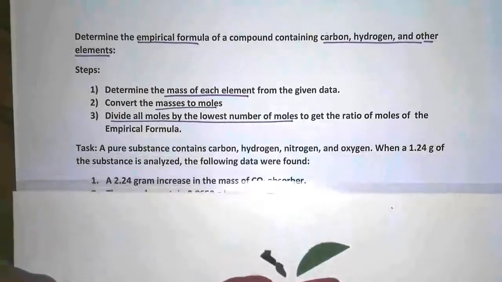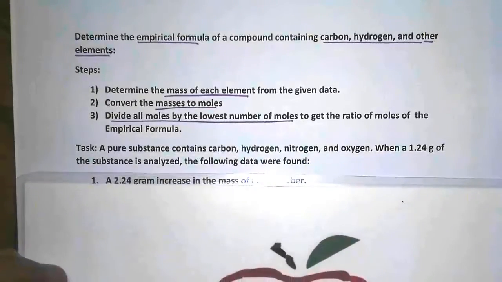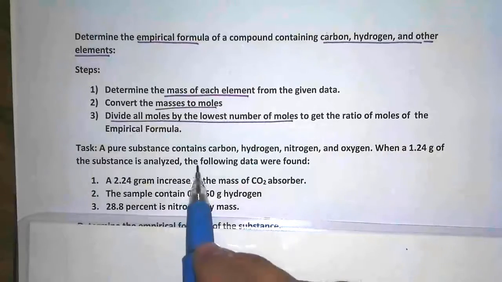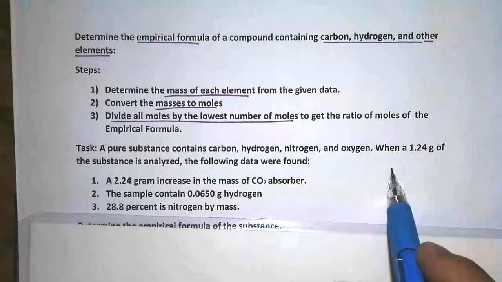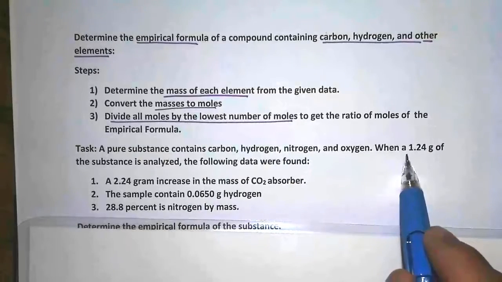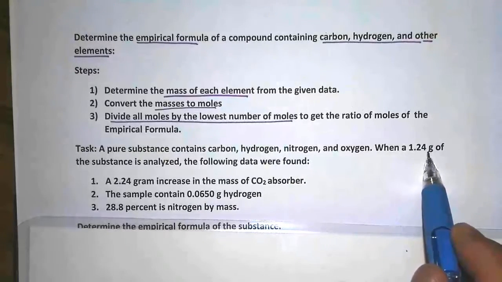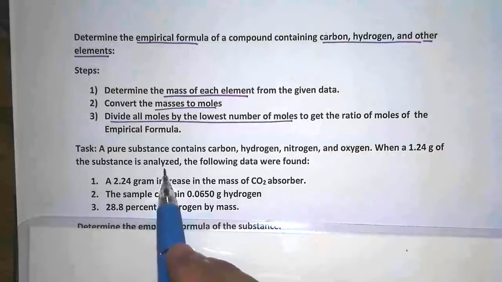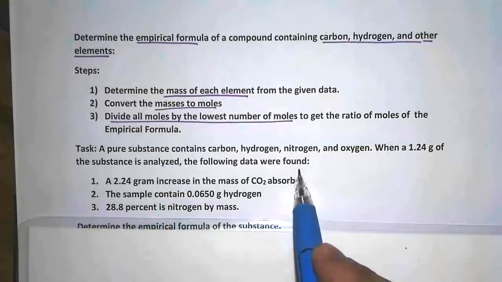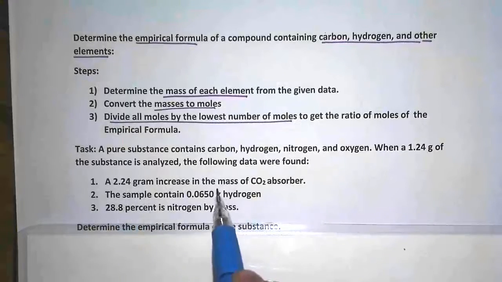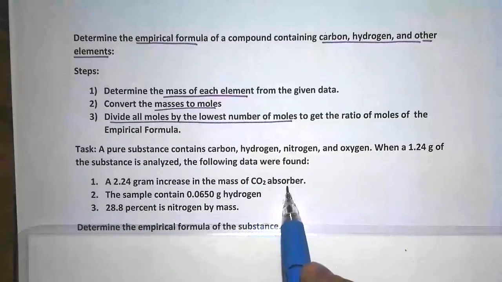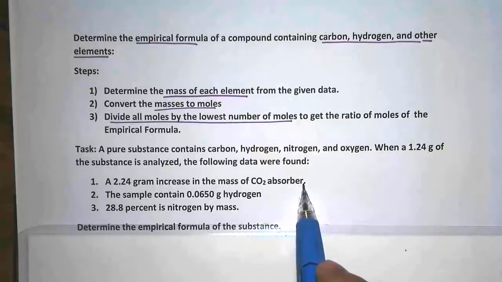Let's do an example problem together. Here I have a pure substance that contains carbon, hydrogen, nitrogen, and oxygen. When 1.24 grams of the substance is analyzed, the following data were found. We have a 2.24 gram increase in the mass of the carbon dioxide absorber.